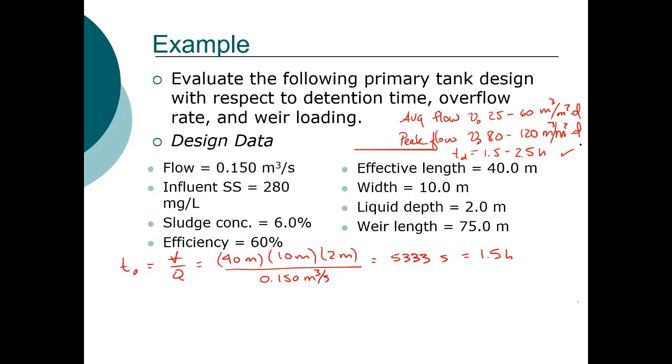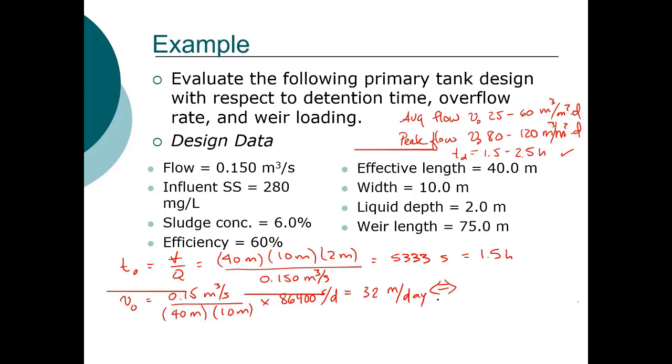The overflow rate is our flow rate divided by the surface area, which is 40 meters by 10 meters, times 86,400 seconds per day. And that is 32 meters per day. And if you remember, we could also calculate the overflow rate as the height divided by the detention time.